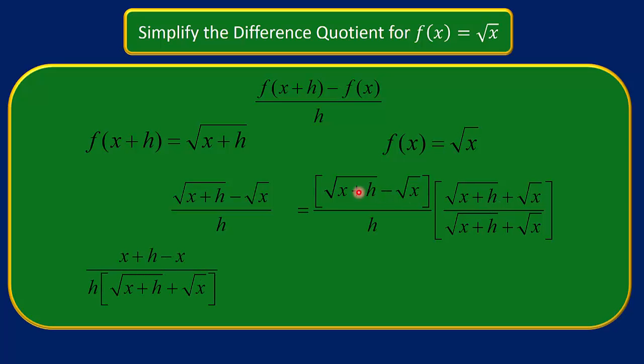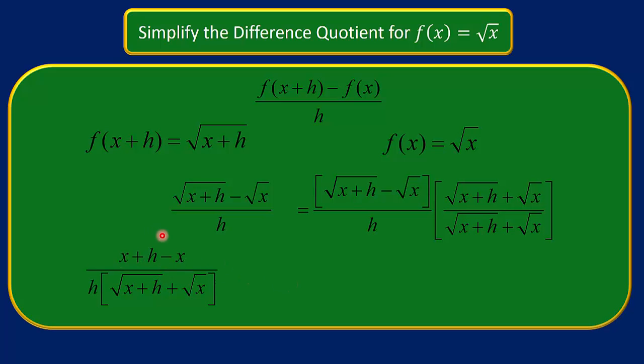So what we're going to have then is the square root of x plus h squared, which is just going to be x plus h. So notice this squared minus the square root of x squared, which is just x. In other words, multiplying this by its conjugate will liberate these radicands from the radical.